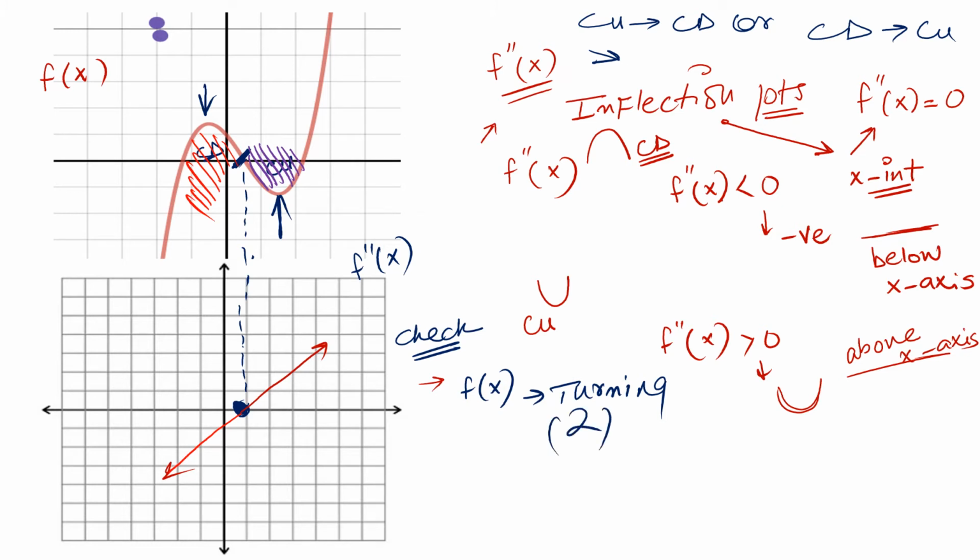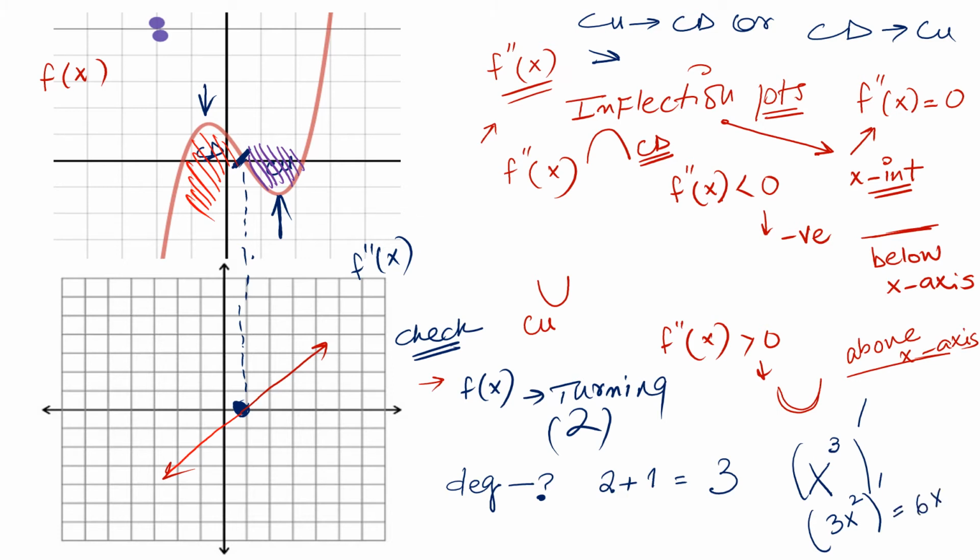So if two turnings, of course what would be the degree of the function? It could be two turnings plus 1, which gives you 3. It means this is the graph of something which has a higher degree, x cube. So if you take the derivative of x cube, you will get 3x square, and if you again take the derivative of 3x square, you will get 6x.